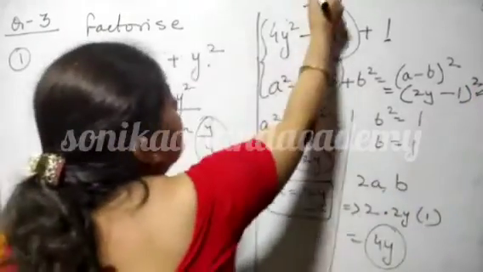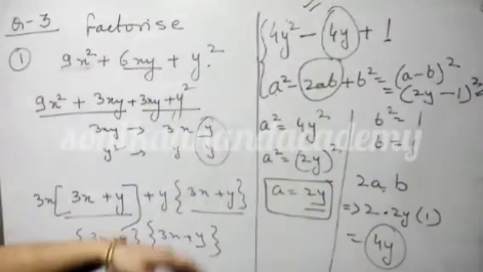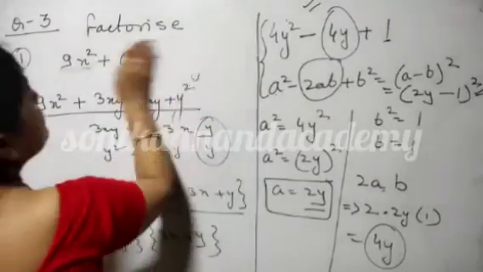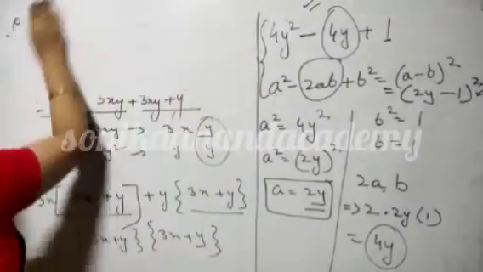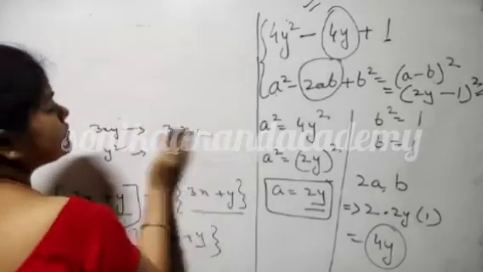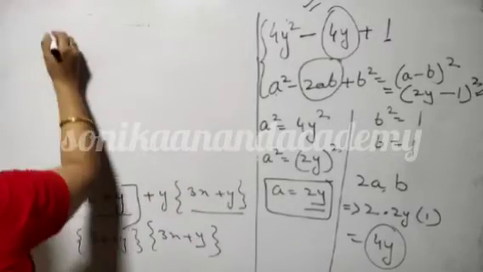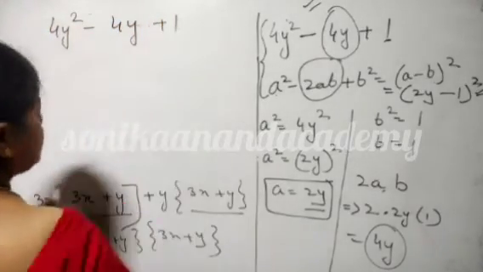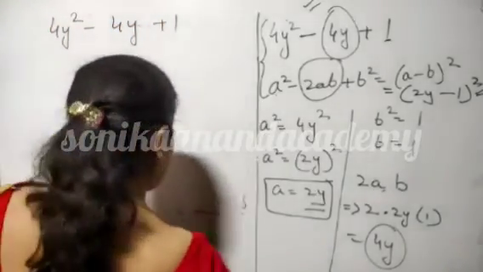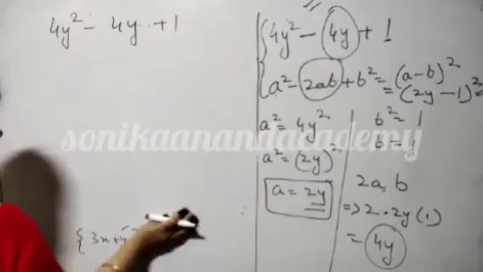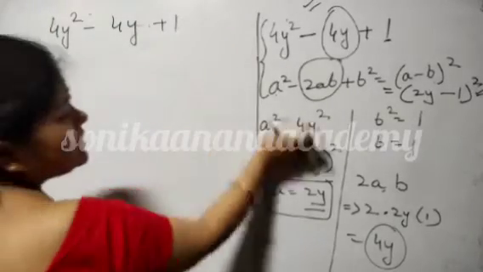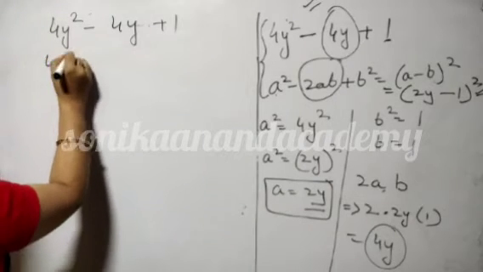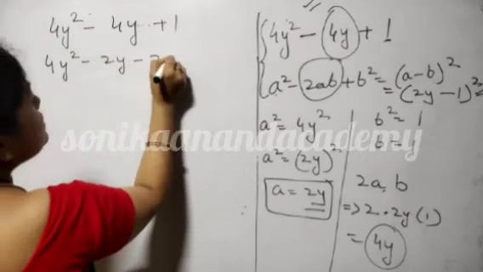So this is another method. And I am going to explain this question also with the same method which I told you before. We have the question 4y square minus 4y plus 1. Now we factorize with the previous method. So this method can also be adopted. This is 4y square minus 2y minus 2y plus 1.